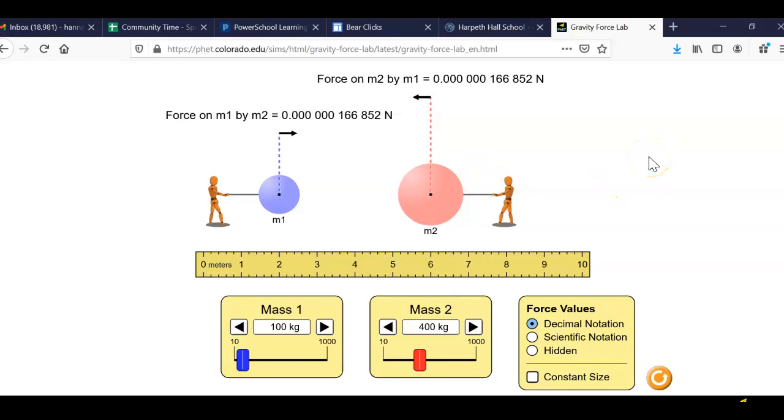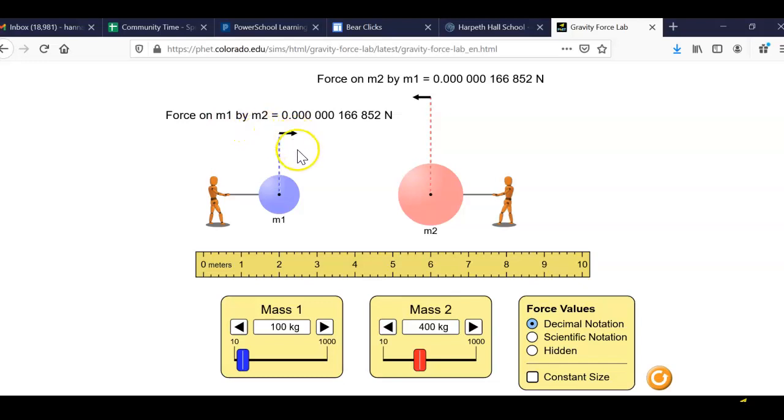Okay, and so here is this simulation tool. You can see that we have these two men who are holding on to large spheres, and there are dashed lines which indicate the position of the centers of those large spheres. We have tools down here where we can change the masses of both spheres, and then up at the top of the screen they are telling you the amount of the gravitational force that each mass is exerting on the other mass.